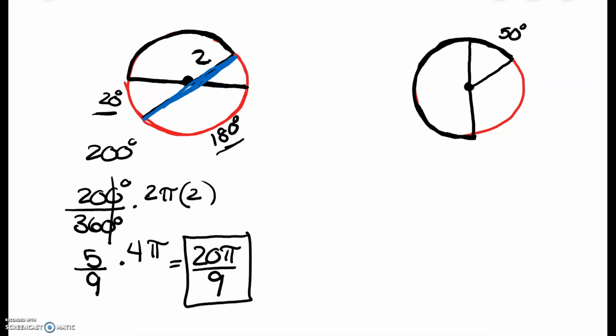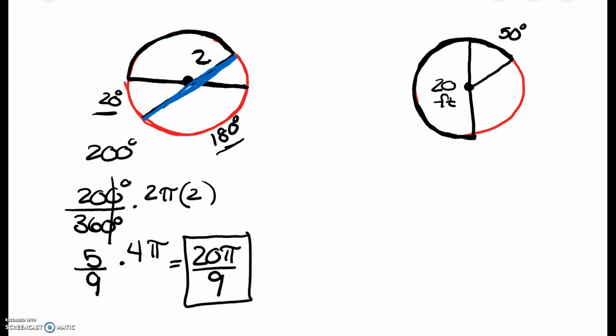All right, in this next problem, I feel like we are missing a piece of information. So let's see. Let's say that we are given 20 feet going across here. All right, so we need to go ahead and figure out the arc measure of here.